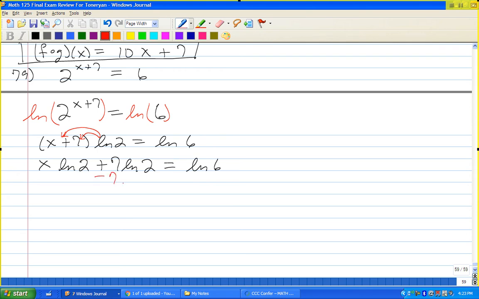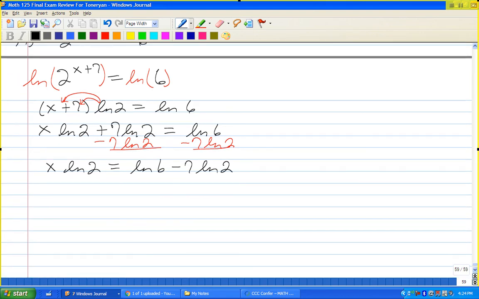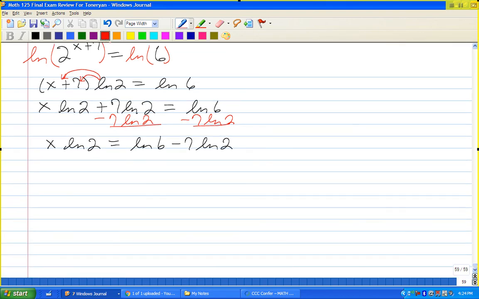Subtract 7 ln 2 from both sides of my equation. So I get x ln 2 is equal to ln 6 minus 7 ln 2. Let me divide both sides of my equation by ln 2.